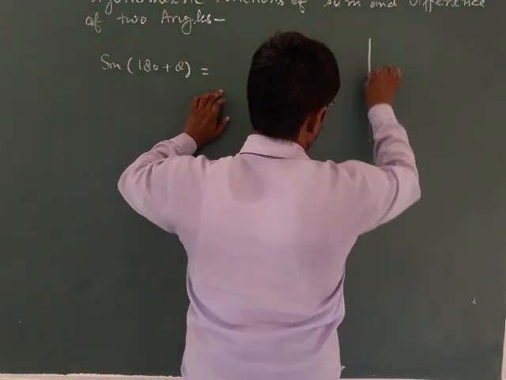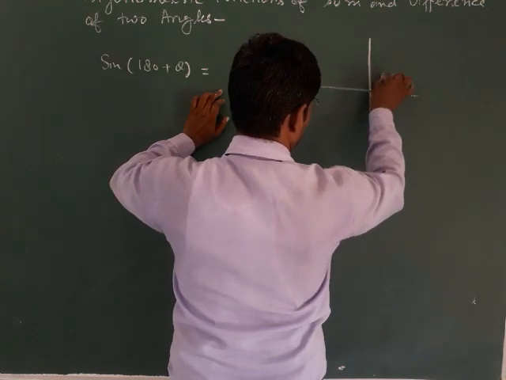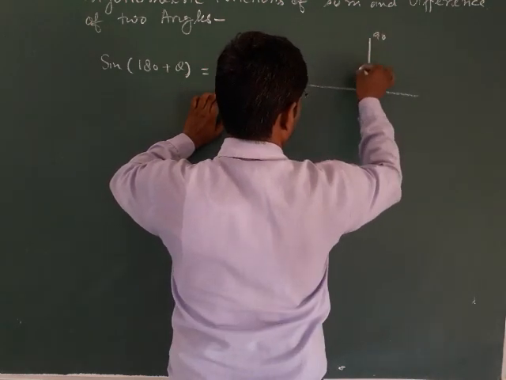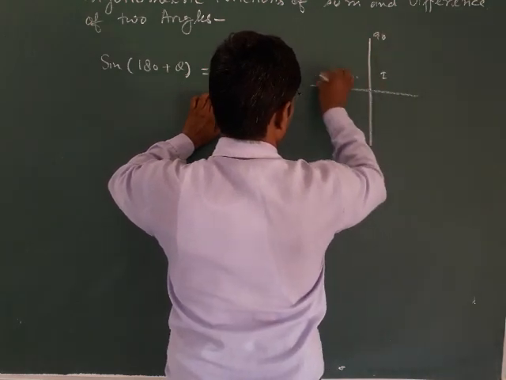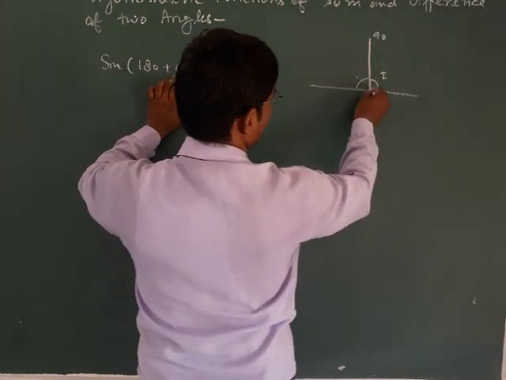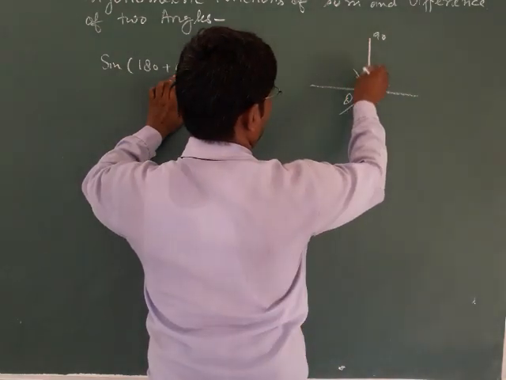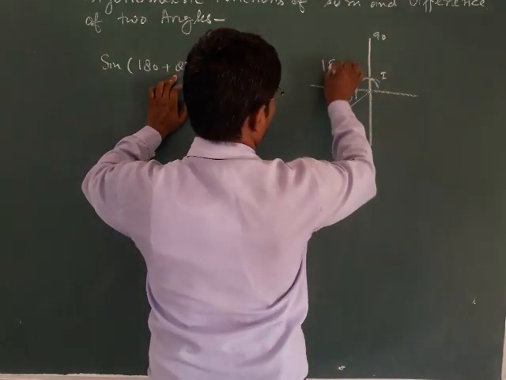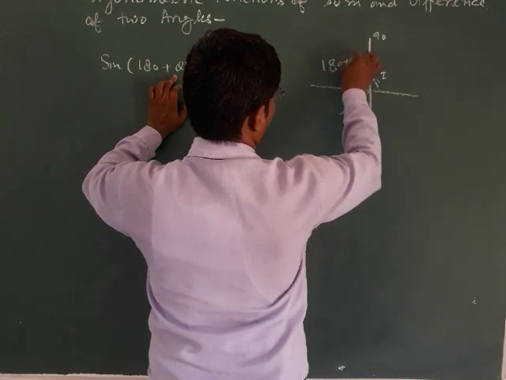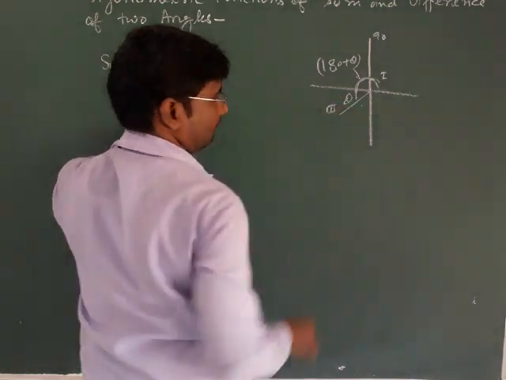So the total angle 180 plus theta lies in the third quadrant.